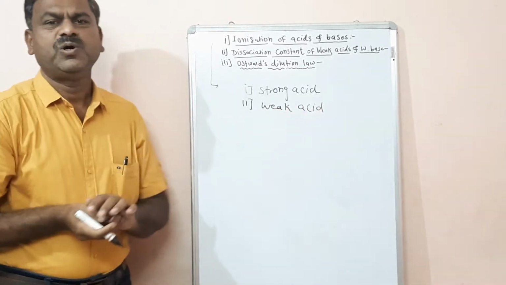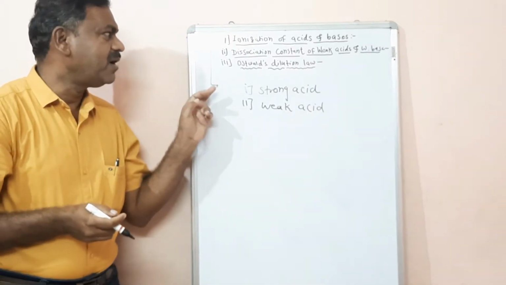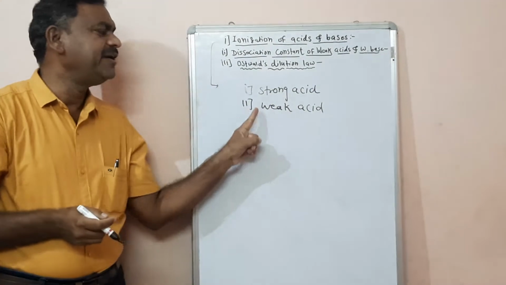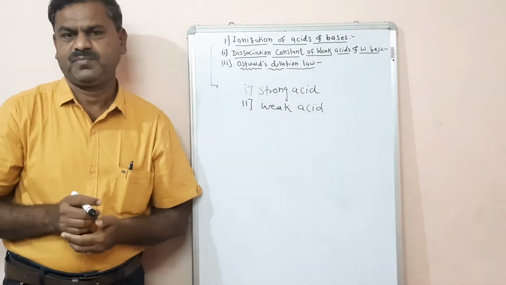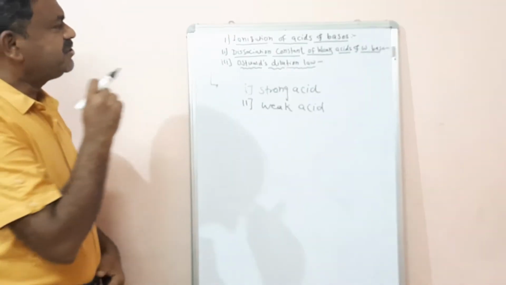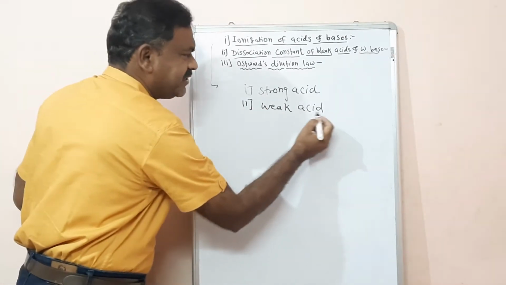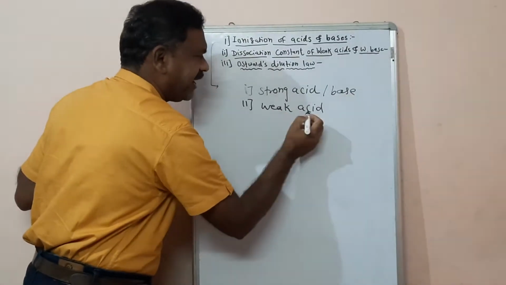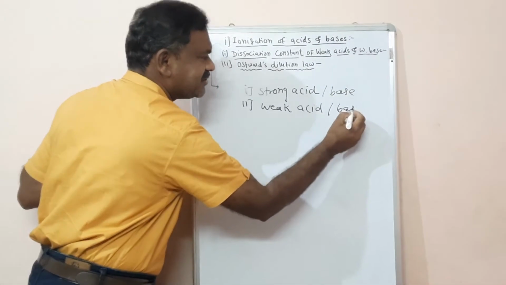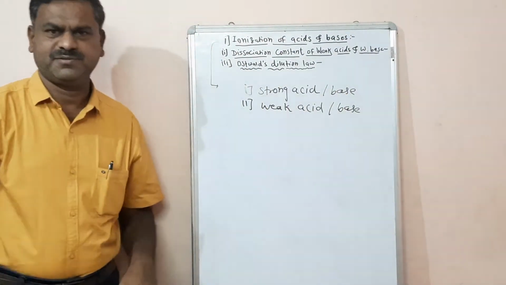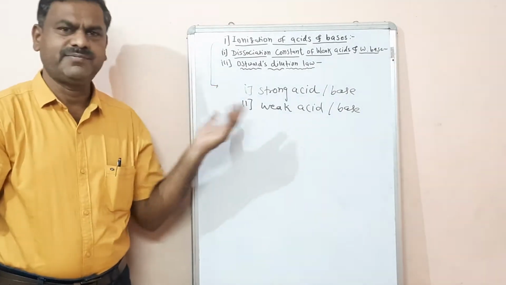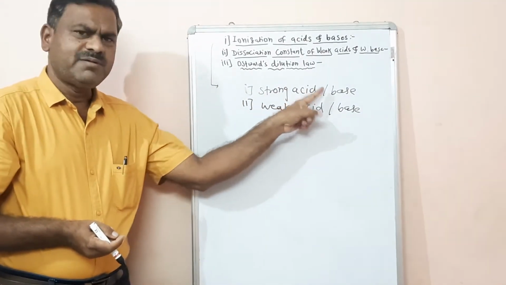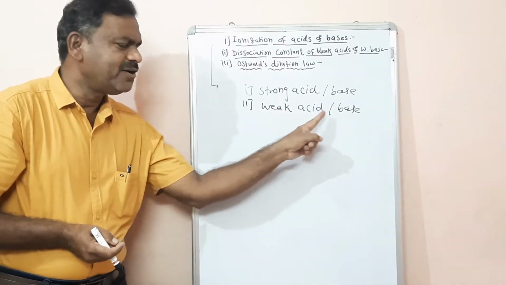These are the two types, classified as strong acid and weak acid. Similarly for bases, there are two classifications: strong base and weak base.